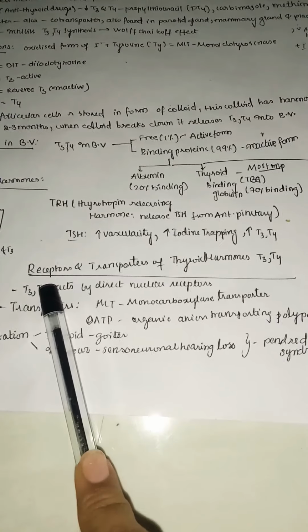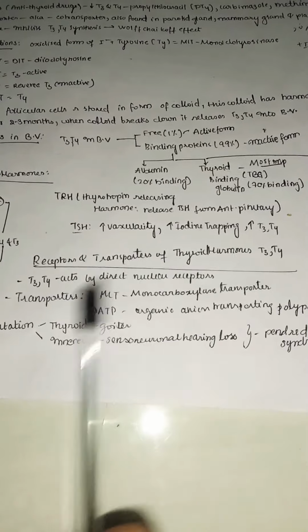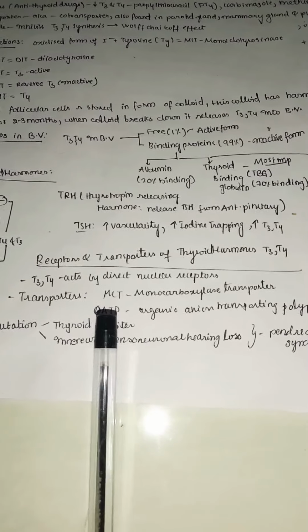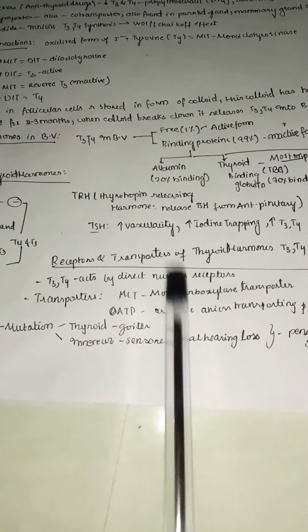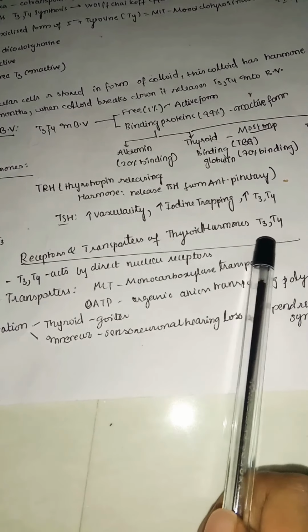So now let us see the receptors and transporters of thyroid hormone. Now we have got the hormones, but we should also have the receptors by which our hormone works and changes the metabolism of the cell. Here you can see T3, T4 mainly act by direct nuclear receptor. Direct nuclear receptor means it can directly act on the nucleus, but you may think that these are proteins, right? But how do they enter into the cell?